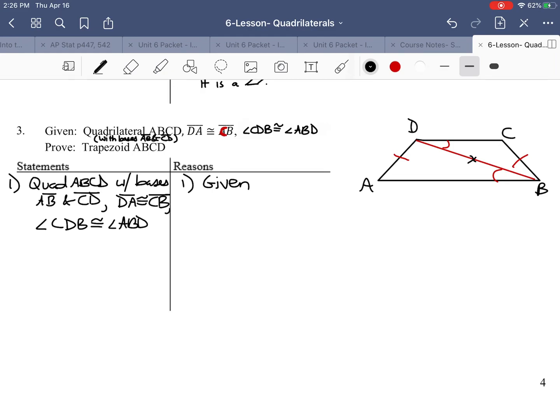So that's out. But what we can do immediately is show that CD is parallel to AB, right? And so here we're going to kind of dig deep.